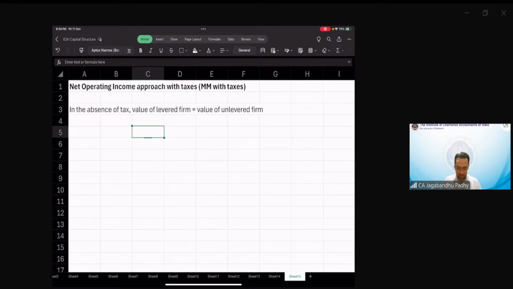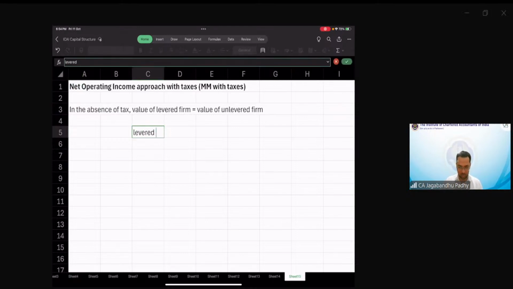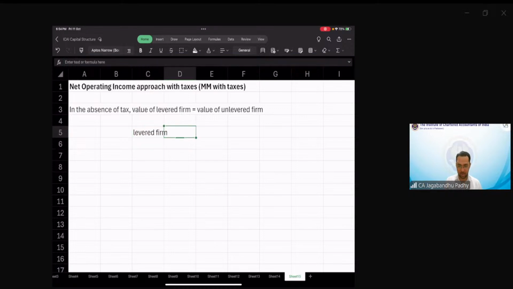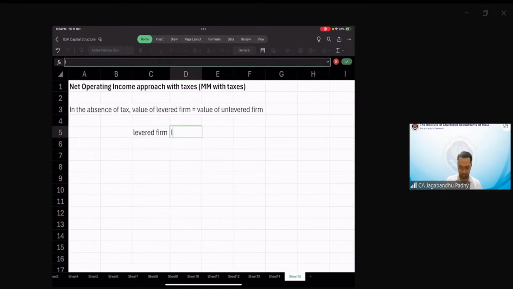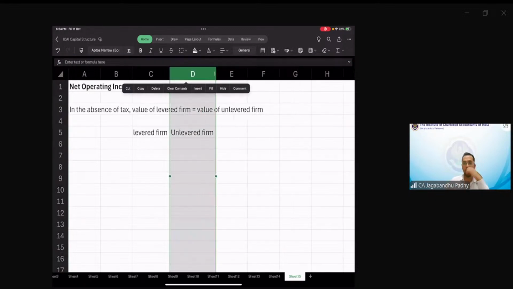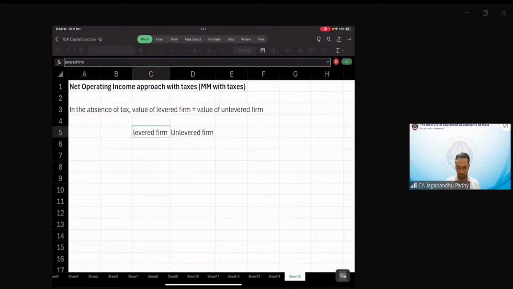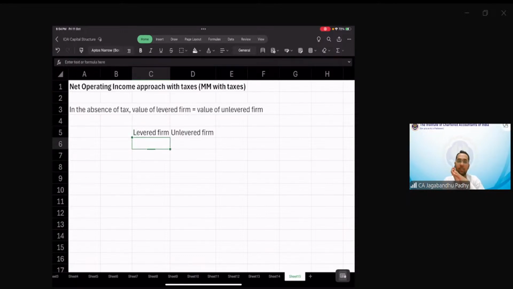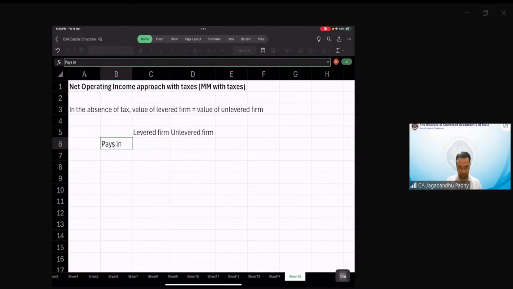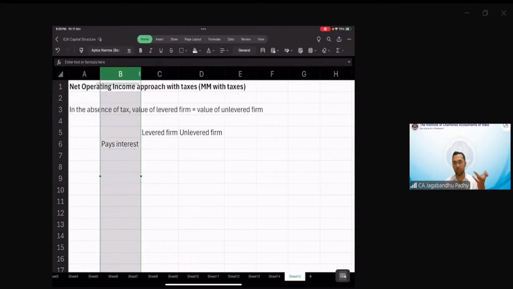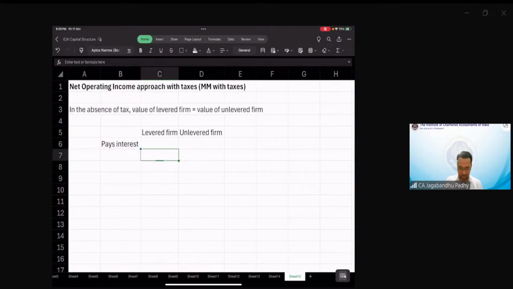So, we have the levered firm and the unlevered firm. Tell me, which of these companies will be paying interest? Of course, the levered firm, because it has the debt.